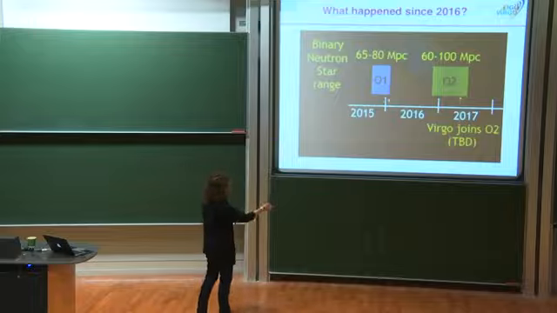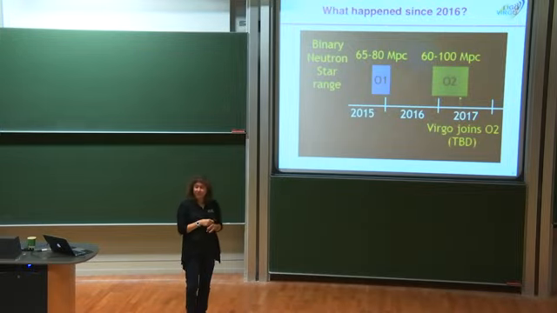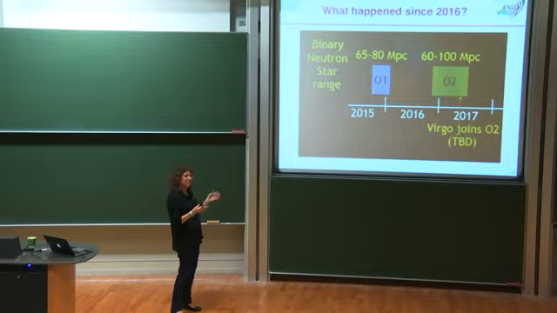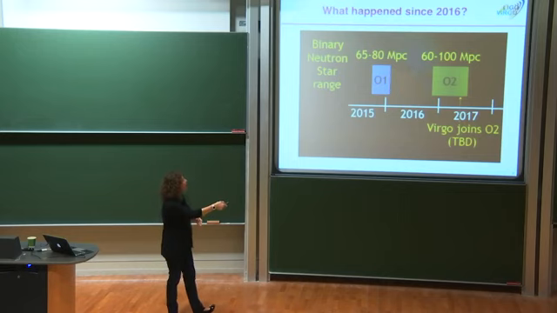So we did some of that in here. And we started taking data again on November 30th, and we have a range between 60 and 100 megaparsecs. If you ask me later, I can tell you more why that 60 is less than that 65. But what you should look at is that 100 is larger than that 80. So we know better things, even though the 2 detectors don't have 100 megaparsec sensitivity.